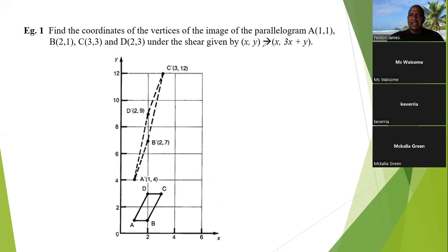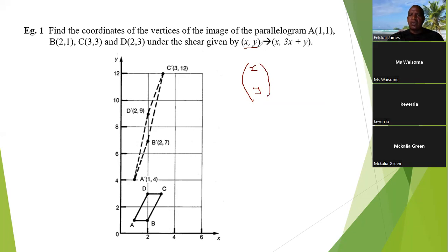So if you look, this is a transformation formula that is being used. What's a transformation formula? If you have this as your pre-image and you write it in column form, x y, that means these will be the x and y coordinates, right?